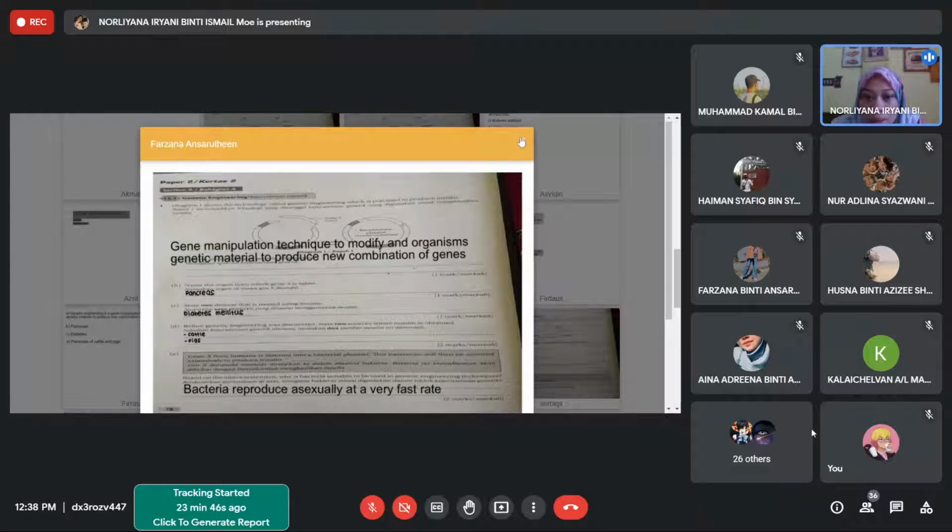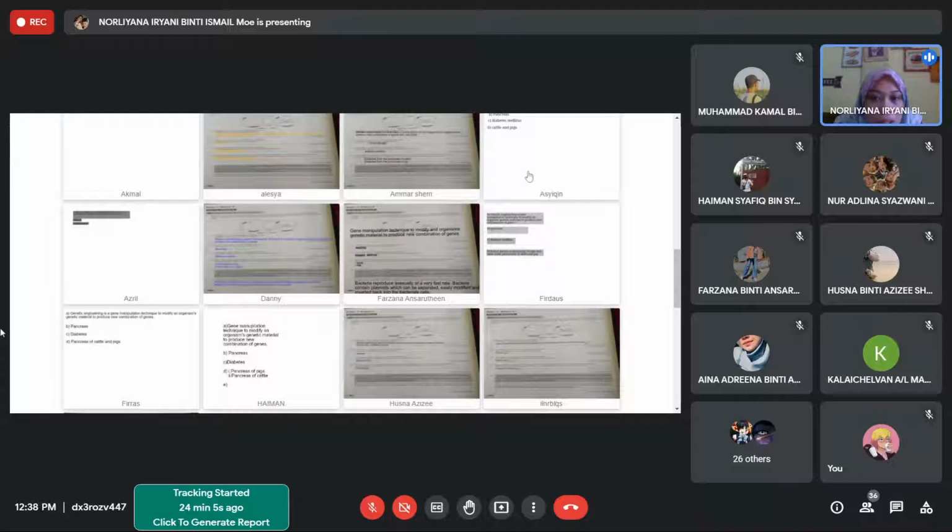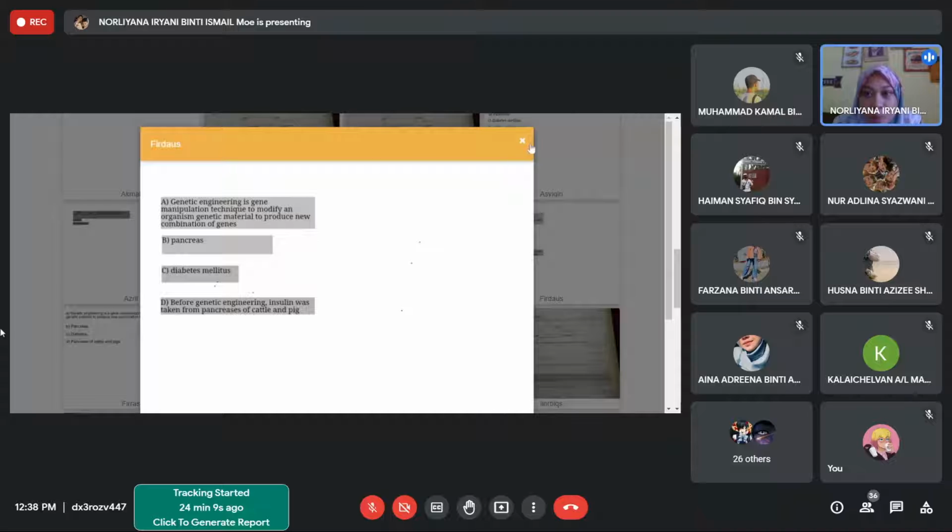Cattle, pig. Insulin was taken from pancreas of cattle and pig. Okay, Firdaus. This is like answering a comprehension question. Before genetic engineering, insulin was taken from pancreas of cattle and pig. So if you answer cattle and pig, that is fine too. If you answer like this, it's also fine.